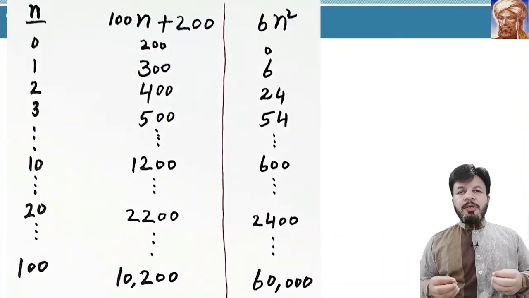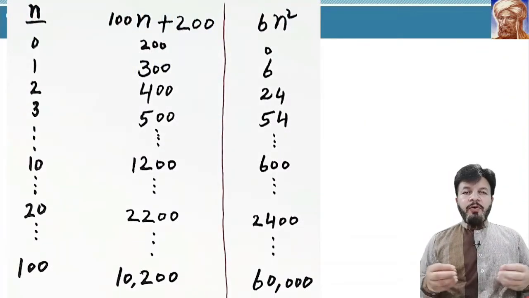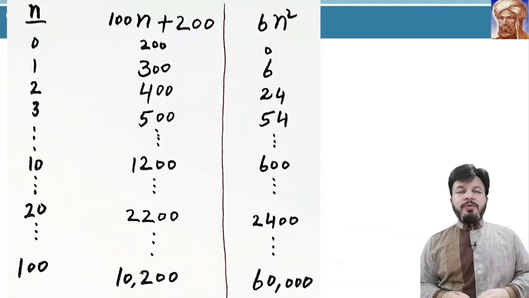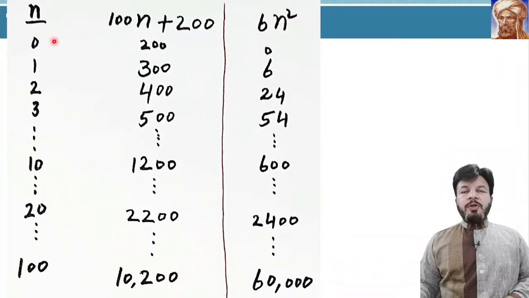Let's consider some values of n and find the values of f(n) and g(n). We will start from 0. When n is equal to 0, we get 200 for f(n) and 0 for g(n). The next value of n is 1: we get 300 and 6.